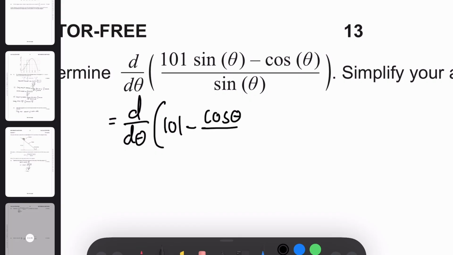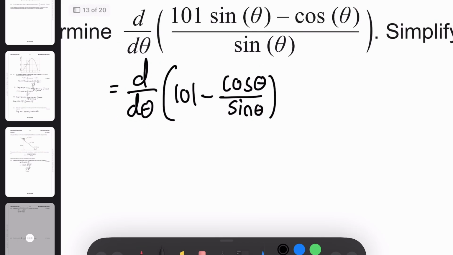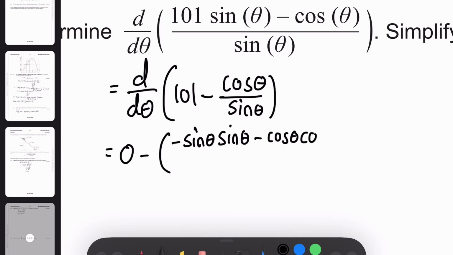So we have cosine of theta divided by sine of theta, and then this will be much easier to calculate the derivative of. The derivative of a constant is 0 minus, okay, then we have derivative of the top, which is going to be negative sine of theta times sine of theta, minus derivative of the bottom, which is cosine of theta, times cosine of theta.